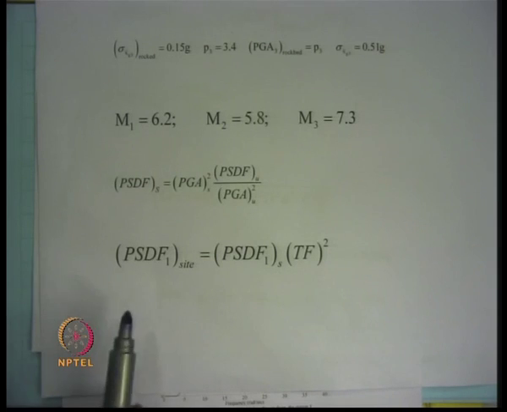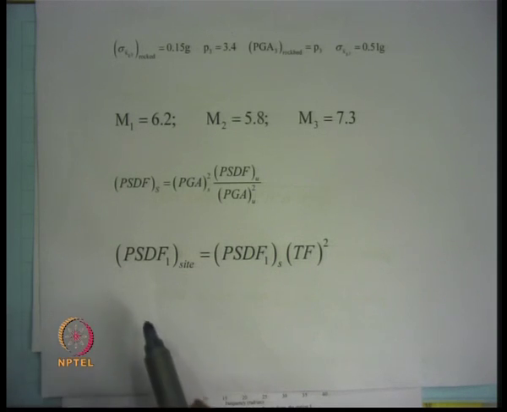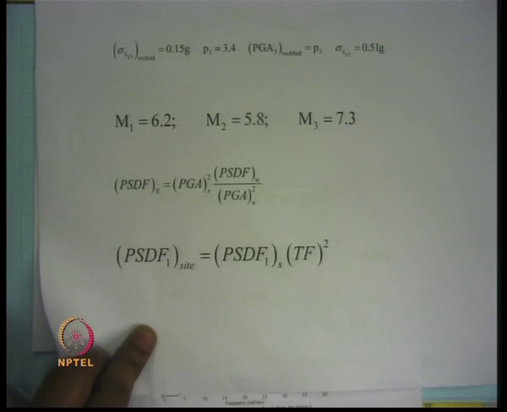So, that way one can obtain the power spectral density function coming from location 2 to the site, and similarly one can construct PSDF3 that will be coming from location 3, which we will consider for obtaining the site specific spectrum here.